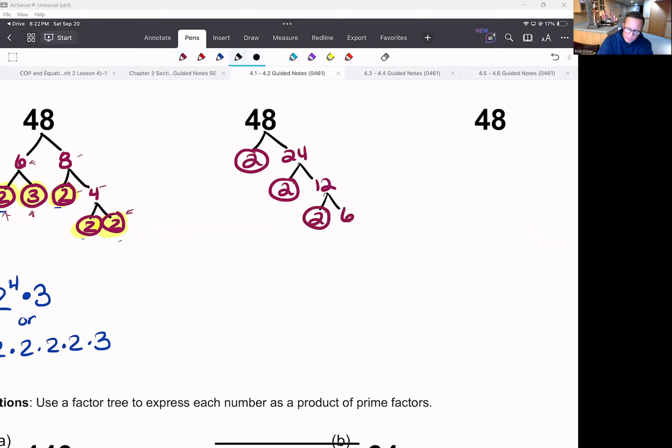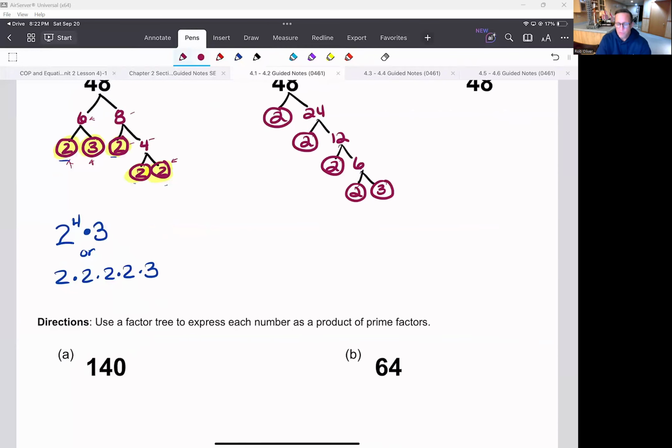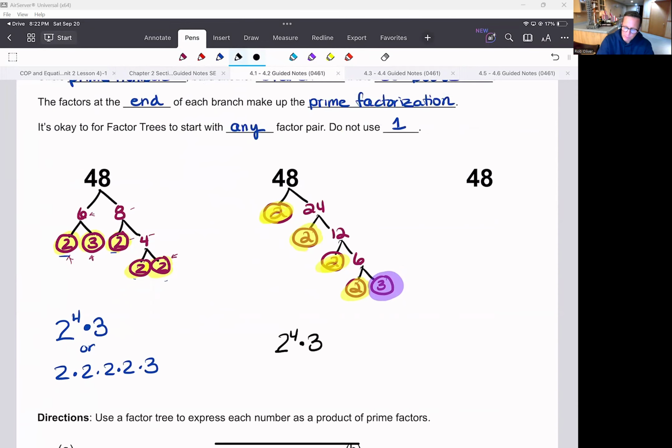For 6, we can do 2 and 3. And the point is that you see that there's the same result. You can notice there's 4 2's, 1, 2, 3, 4, and then there's a single 3. See that? We get the same result. So 2 to the 4th power times 3.